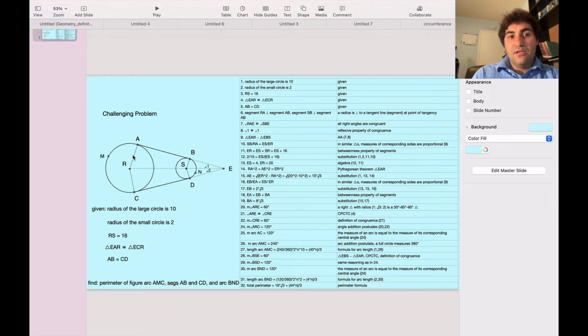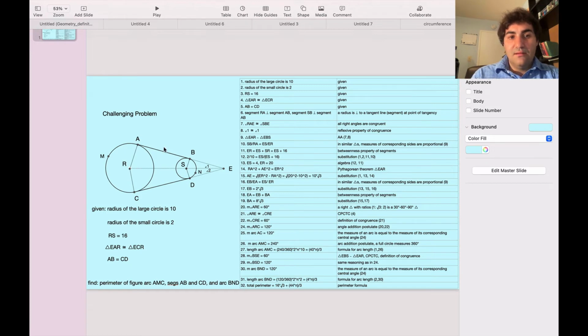So if we look at these ratios, we have 10 root 3, 20, right? So if you divide each side by 10, you get 1, square root of 3, 2. Well, what is that? That's the ratio of the 30, 60, 90 degree triangle, since this is a right triangle. So we know that angle ARE, the measure of this, is going to be 60 degrees.